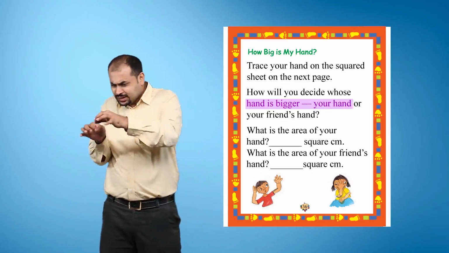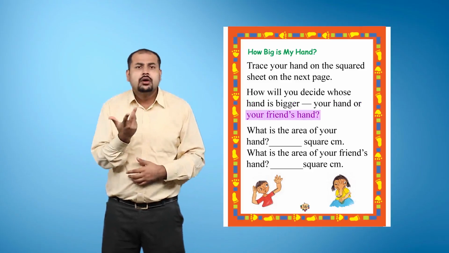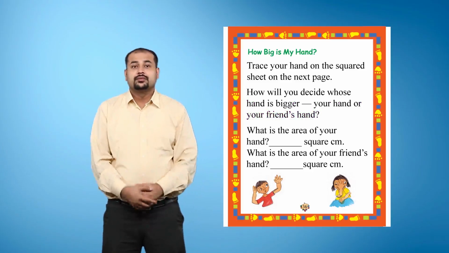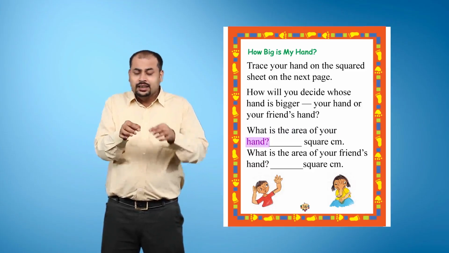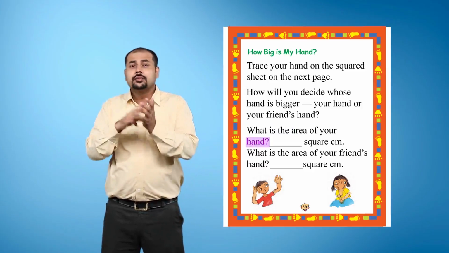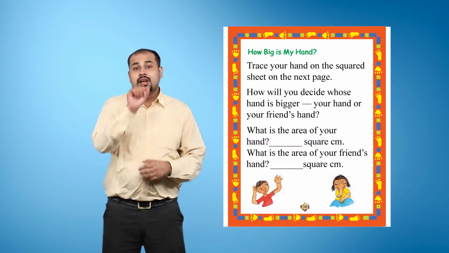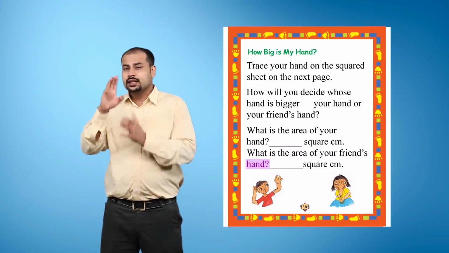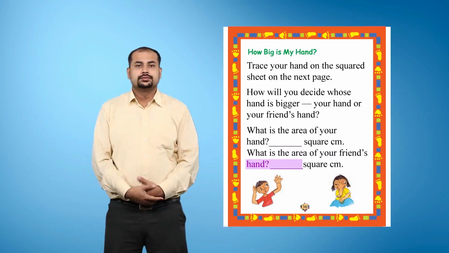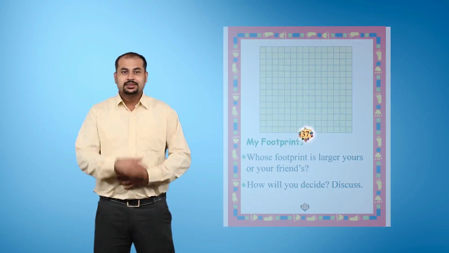Your hand or your friend's hand? What is the area of your hand? Dash square centimeters. What is the area of your friend's hand? Dash square centimeters. Page 37.